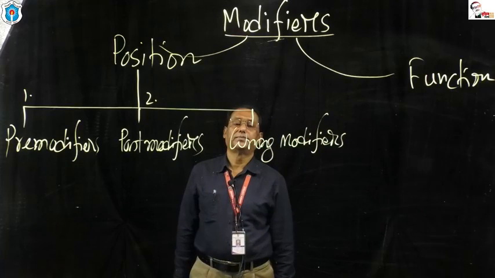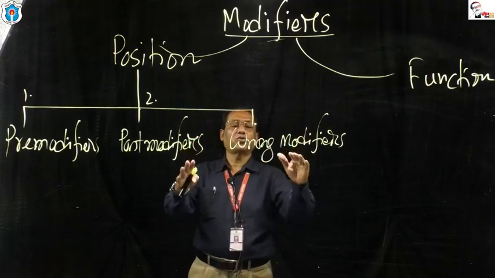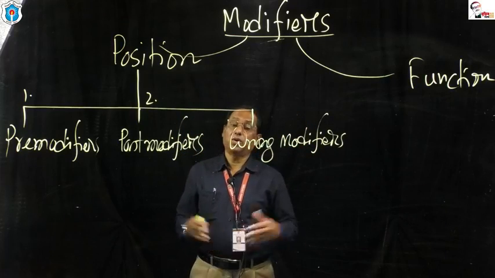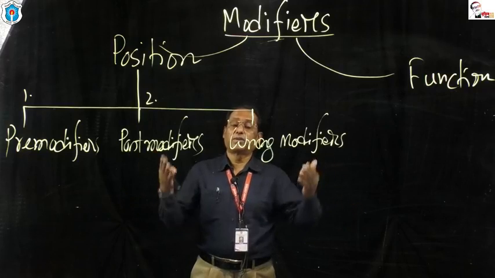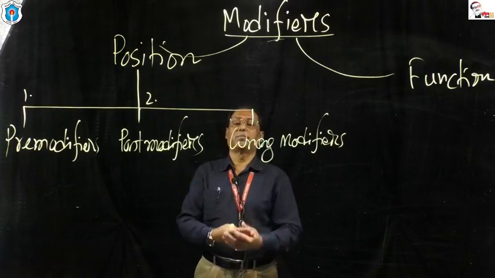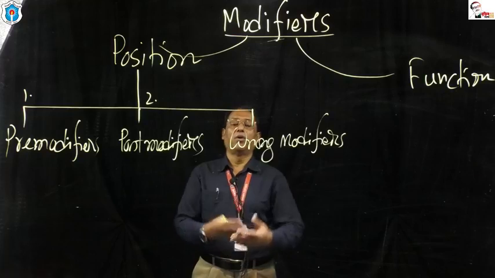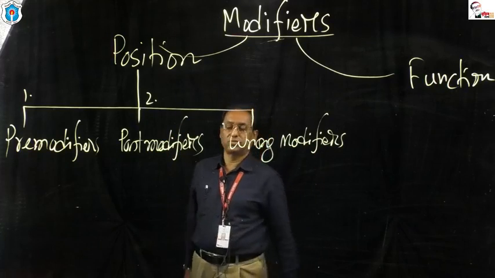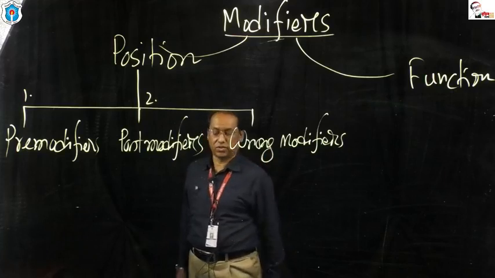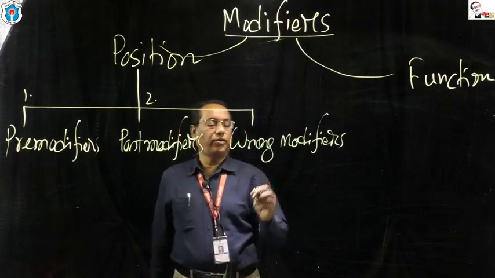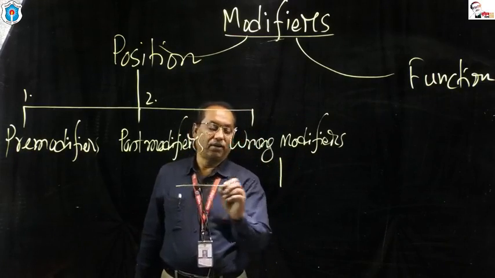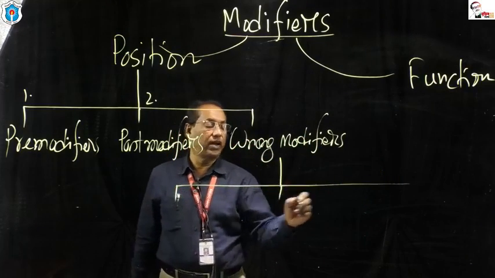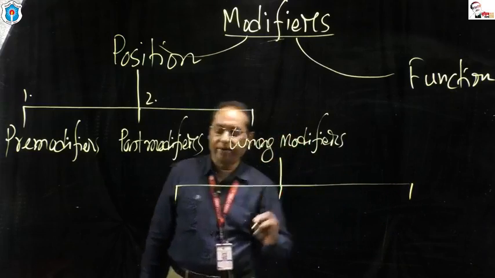Okay? Now, what are those wrong modifiers that you often use? So, if you want to know correct modifier, correct use of modifiers, then you should know your wrong modifiers that you often use and get very poor marks. To know wrong modifiers, we have to classify them into further 3 subcategories.